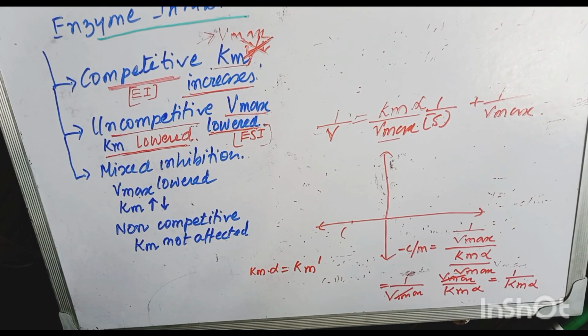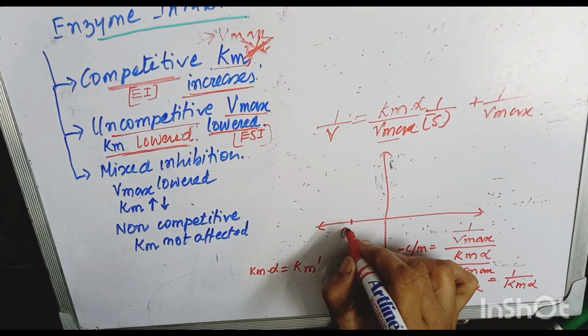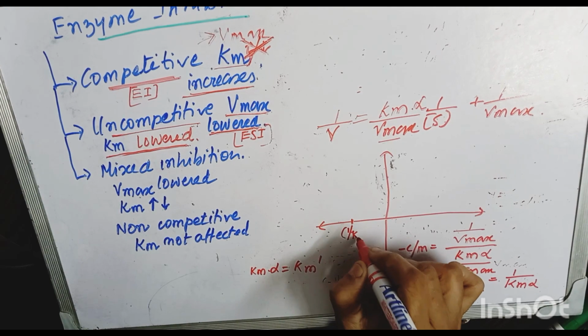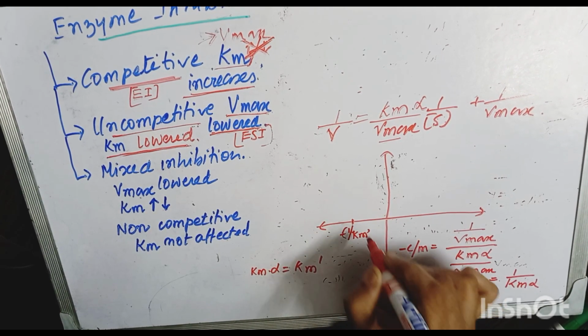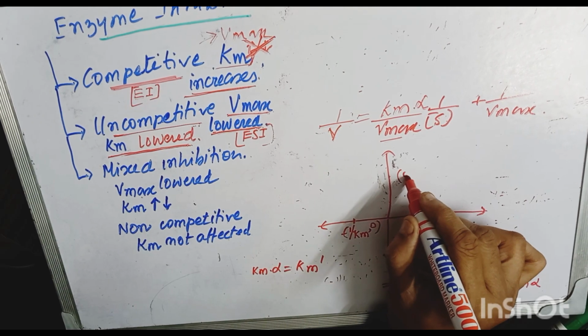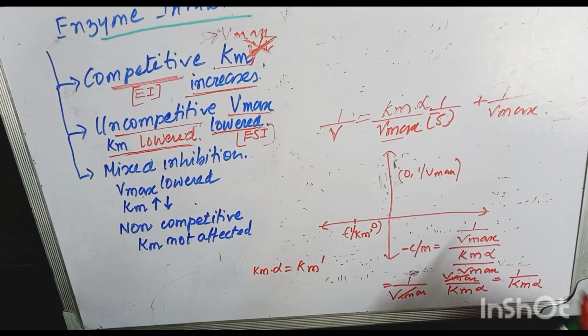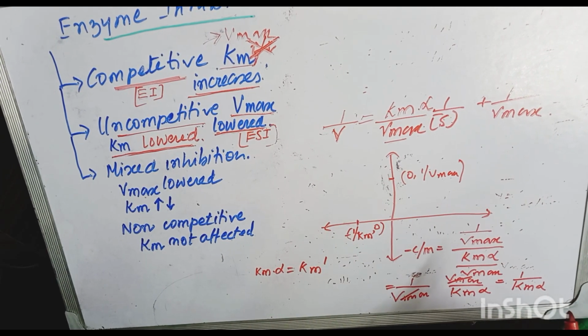Now what is this Km dash? This point is minus 1 by Km for the uninhibited enzyme, and this point is 1 by Vmax for the uninhibited enzyme.